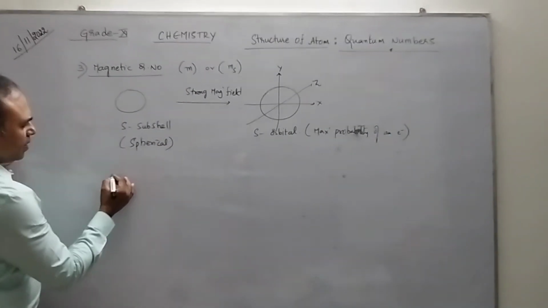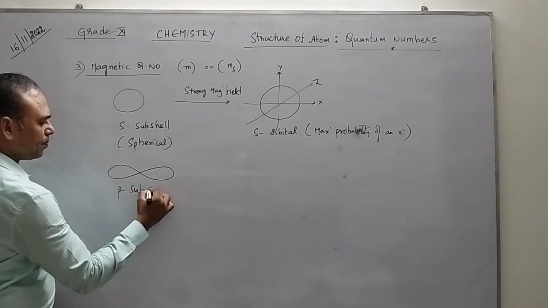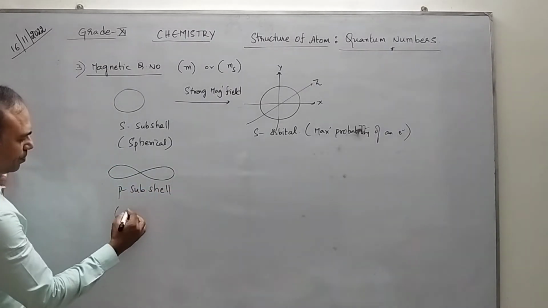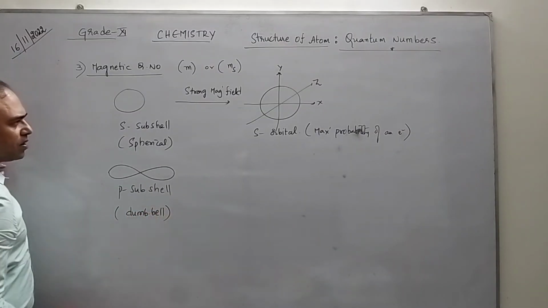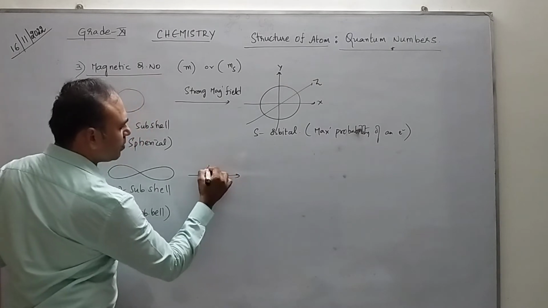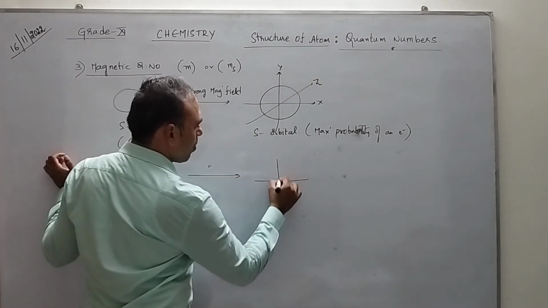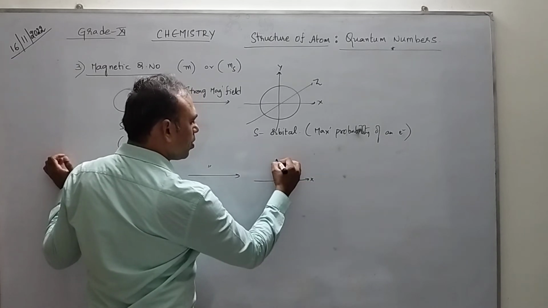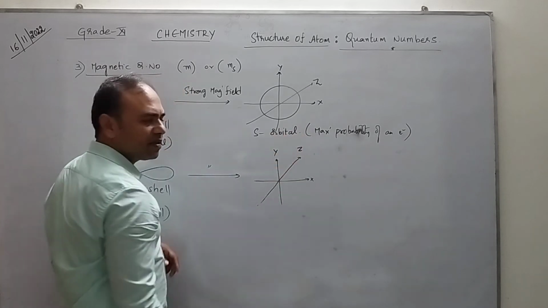Now let us see. This is P subshell and the shape is dumbbell shape. The same way, if a strong magnetic field is applied, now what happens? This again gets oriented, so we can see that X, Y and Z axis are there.